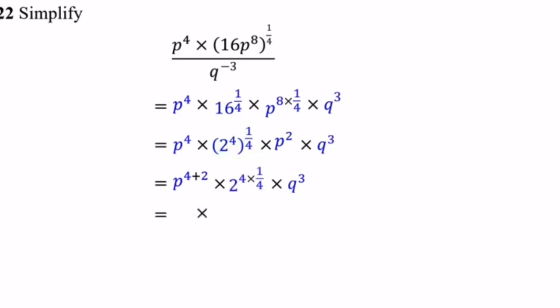Finally we will write down the answer: 2 times p power 6 times q power 3. The last answer, you can just write 2p power 6 q power 3. You don't have to show multiply. Okay, understand?